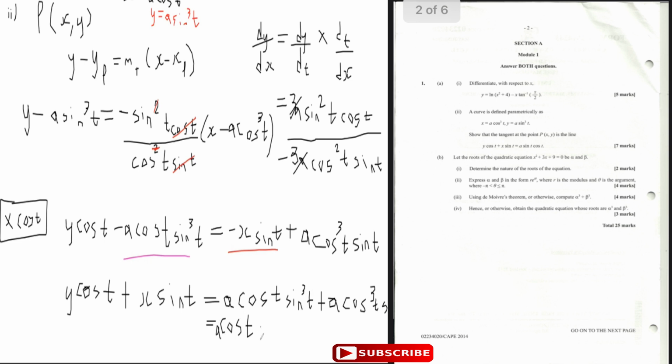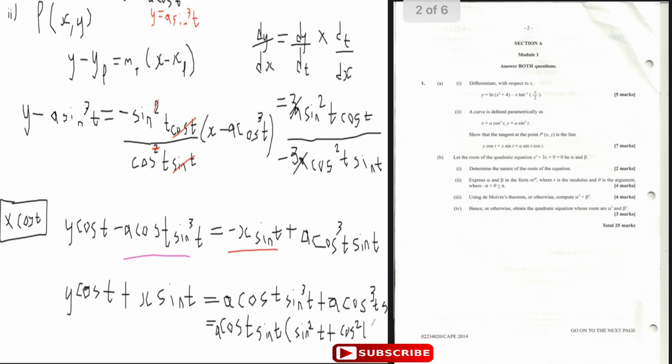Factoring out a cos t sine t, we're left with sine squared t here, and plus cos squared t here.